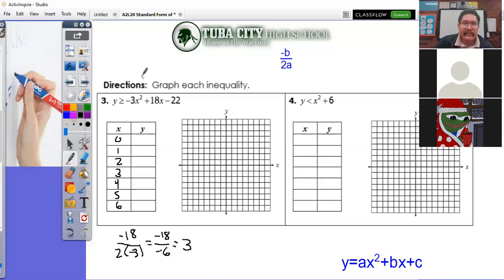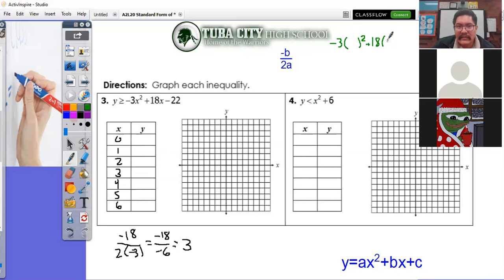Okay, now we have to start evaluating at these points. So -3x squared plus 18x, but I don't need x, I need a parenthesis in this case.